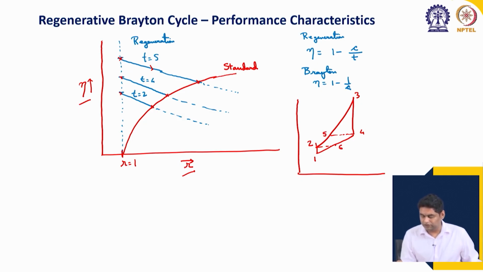If I increase the value of R from 2 to, let us say, 2 dash, then we would get a cycle like this. The scope for regeneration decreases significantly. If we keep on increasing the value of R, the scope for regeneration keeps on decreasing further and further. As a result, because there can be less regeneration, the efficiency decreases with R.